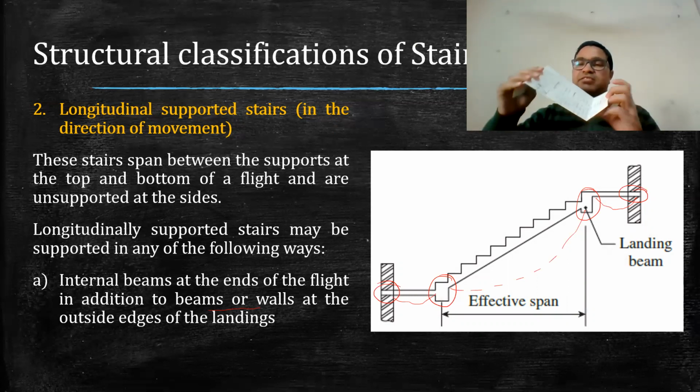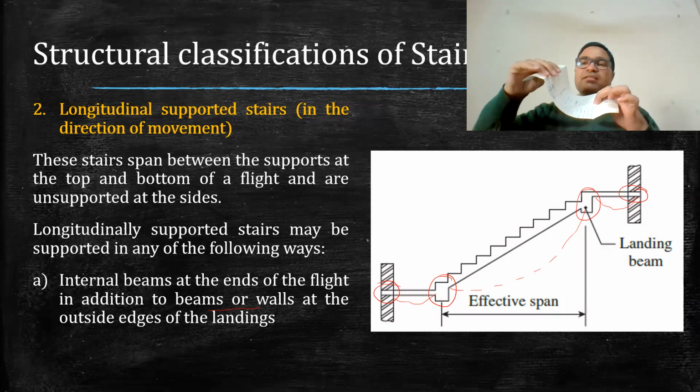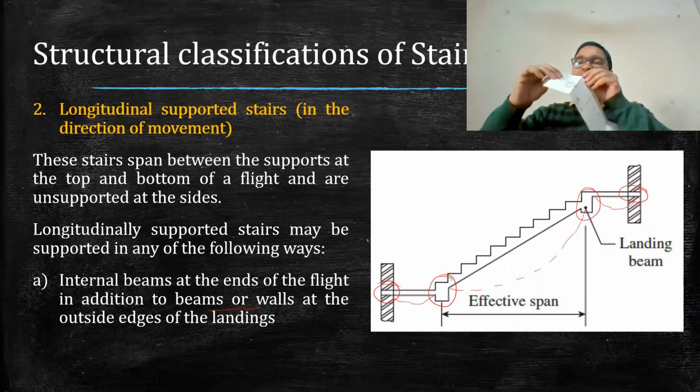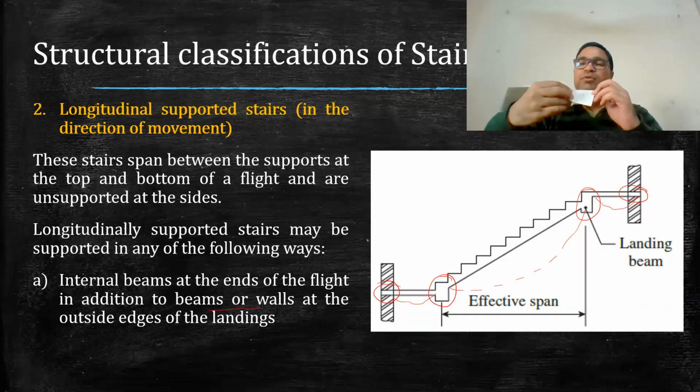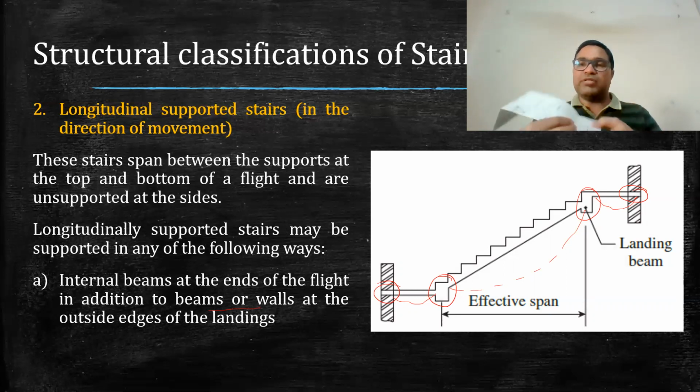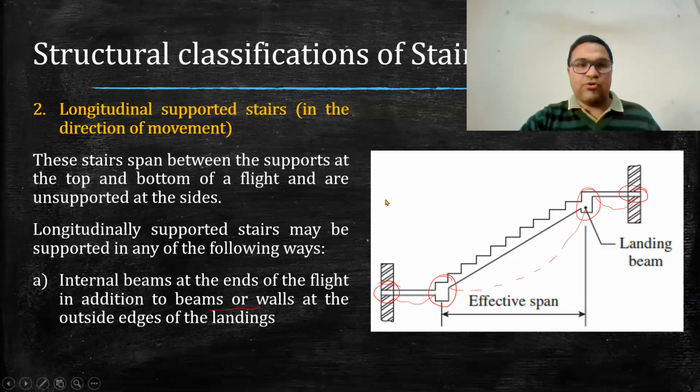So central bending will occur like this, the bending of landing will occur like this, and this bending will also be happening like this. So that is the case A of longitudinally supported staircase.